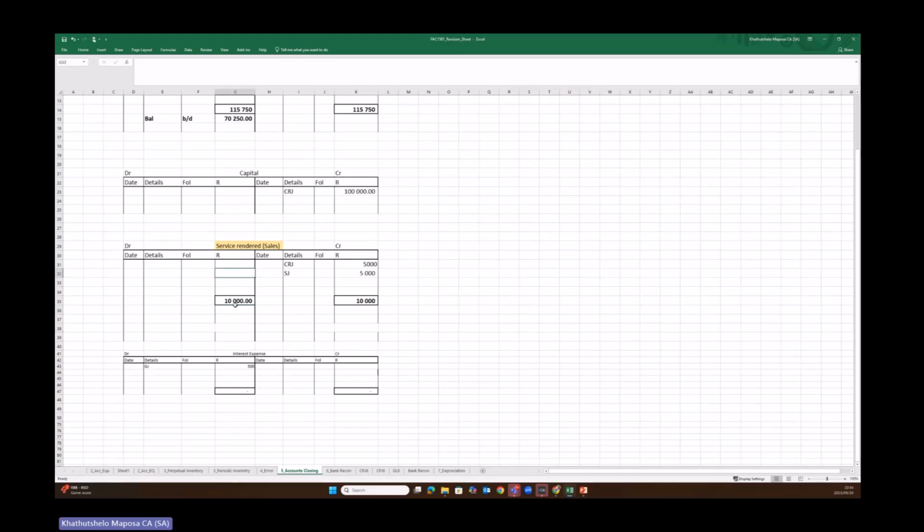Then 10,000 minus 0 becomes 10,000. What do we call this? Income and expenses close off to the profit and loss account, which is an equity account. We will open another account called profit and loss and put that 10,000 accordingly. And when we're done, we'll roll them over to the trial balance, etc.